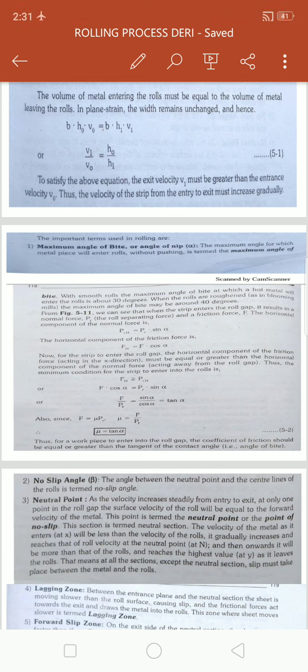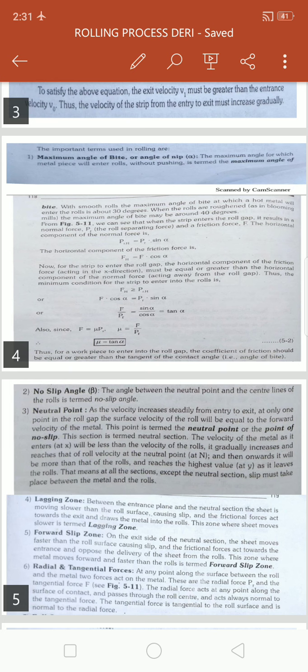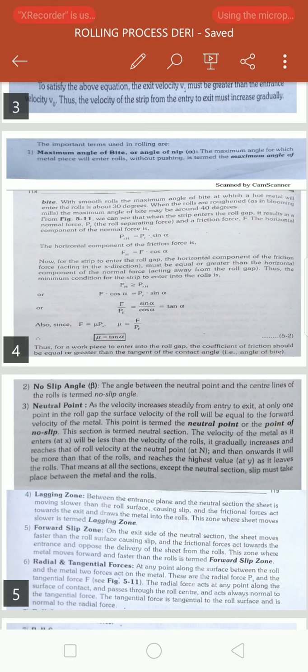Initial volume equals final volume, that is V naught by V1 is equal to H naught by H1, as already called equation 1. Then mu equals tan alpha is equation 2. Thus for a workpiece to enter the roll gap, the coefficient of friction should be equal to or greater than the tangent of the contact angle or angle of bite.